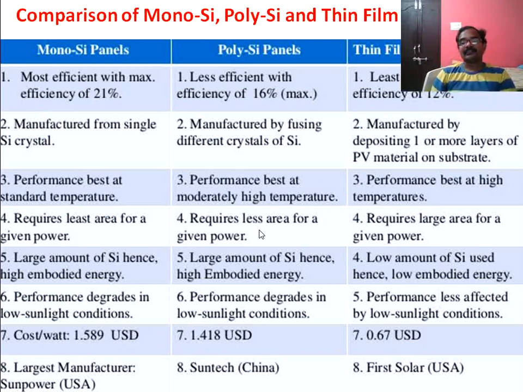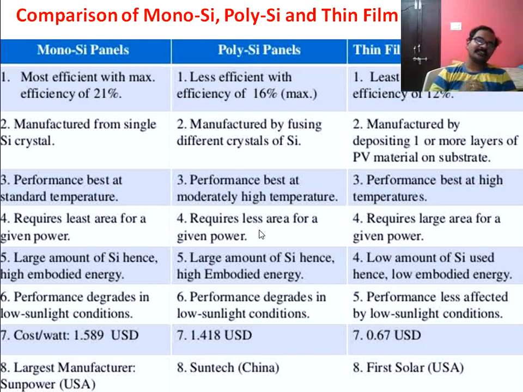But amorphous silicon solar panels are manufactured by depositing one or more layers of solar PV material on a substrate, because they are very thin, of micrometer thickness. One or two layers have to be made on the substrate to fabricate these solar panels. The performance is best at standard temperature. As I told you, monocrystalline solar panels perform better at the standard temperature of 25 degrees centigrade only.